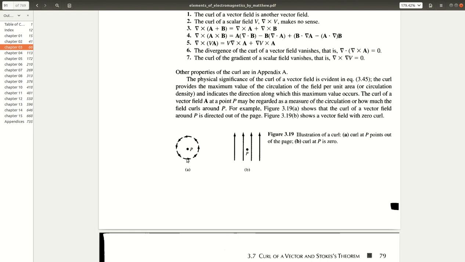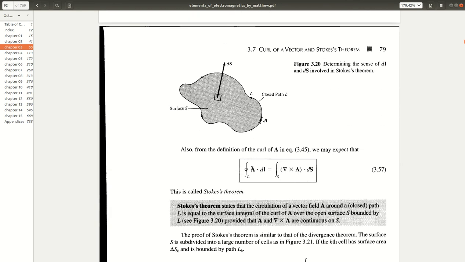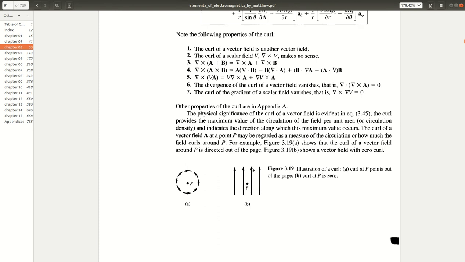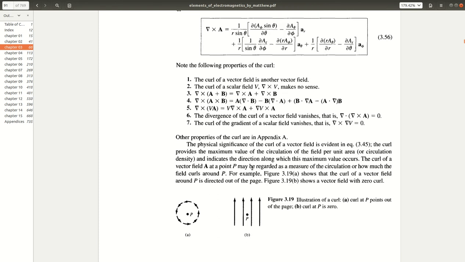Of course, if it is the other direction, then your thumb is not pointing at you, it is pointing into the screen. Here the curl is 0 because it's not rotational, so we can calculate the integration. Okay, this is the basic meaning, a very basic illustration of the curl, the divergence, and the gradient.